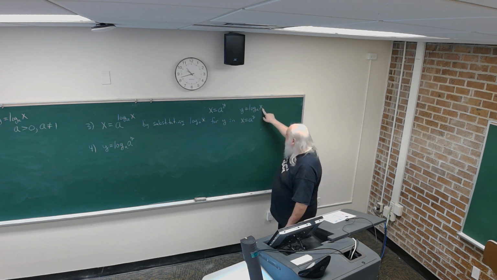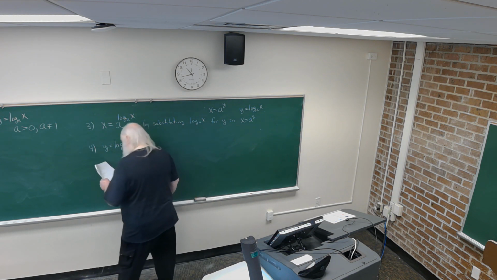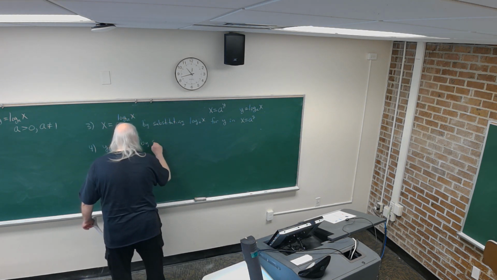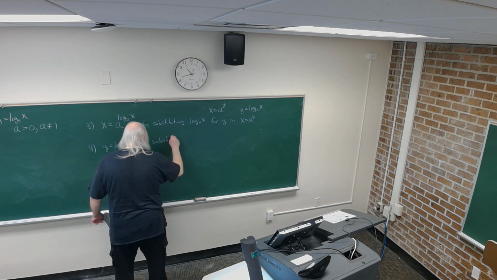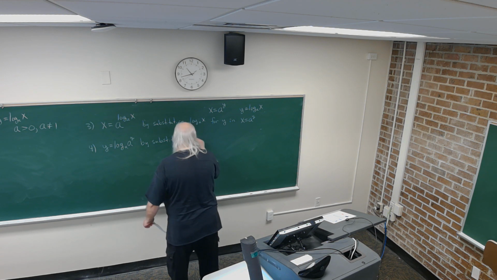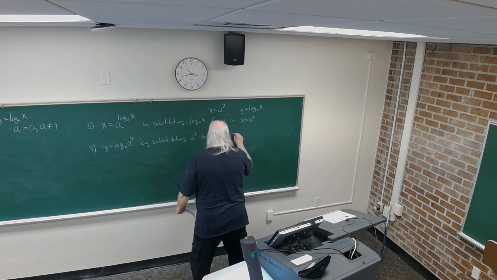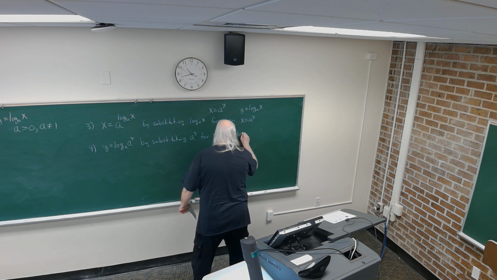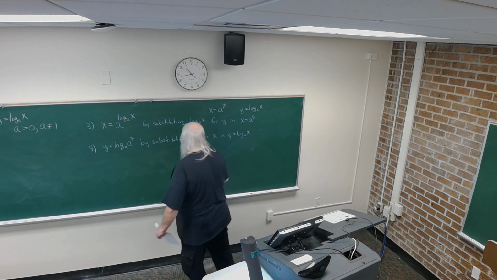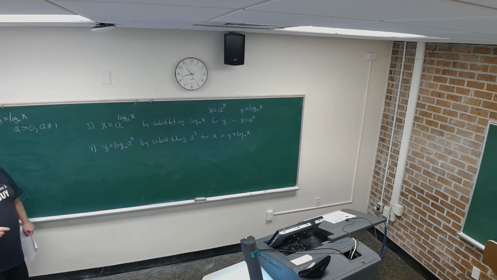So I put a to the y in for x over here. We get log base a of a to the y is equal to y. Okay? And so those are four important properties.